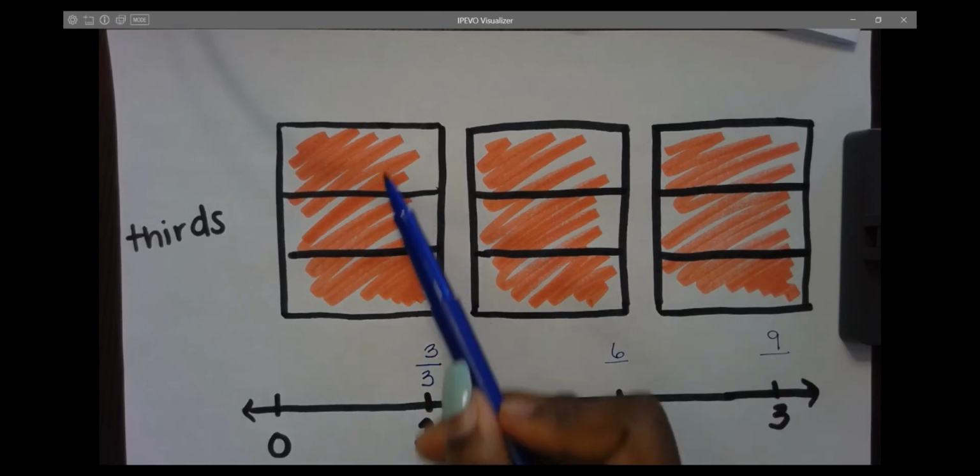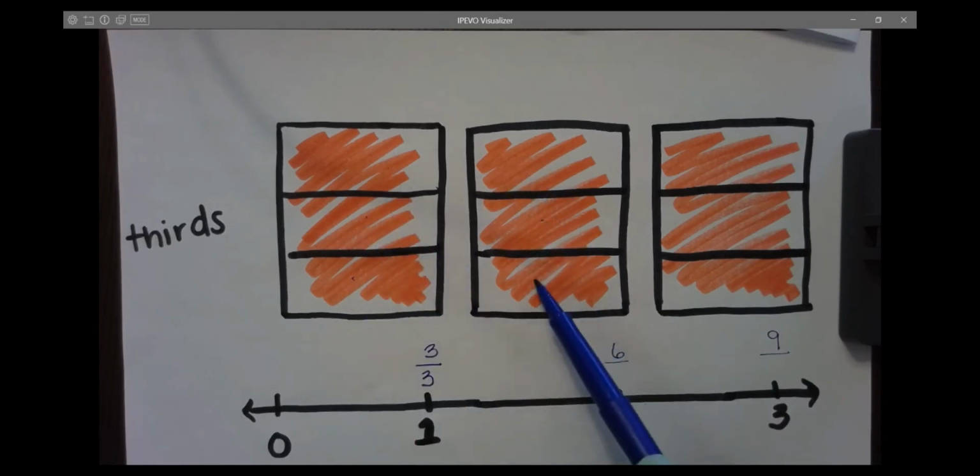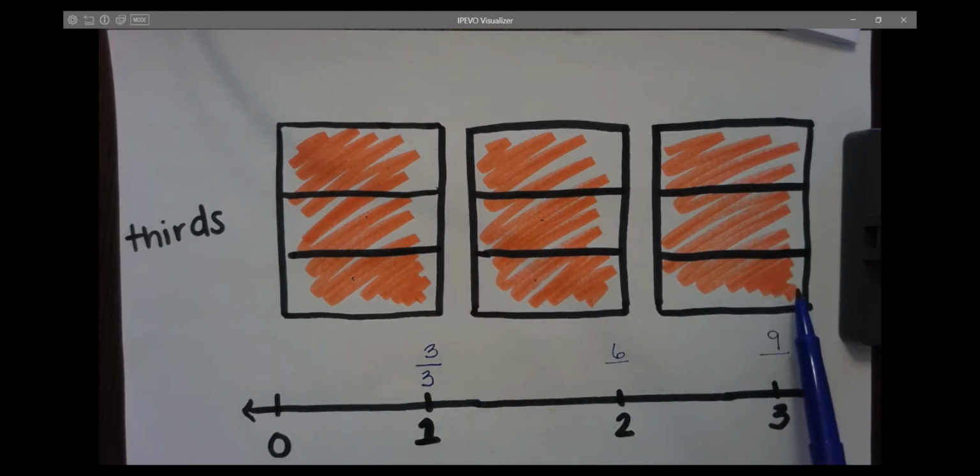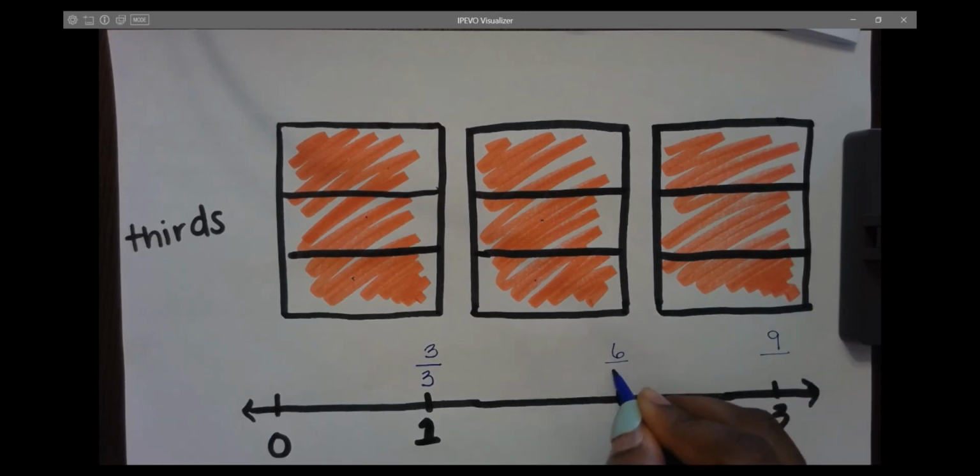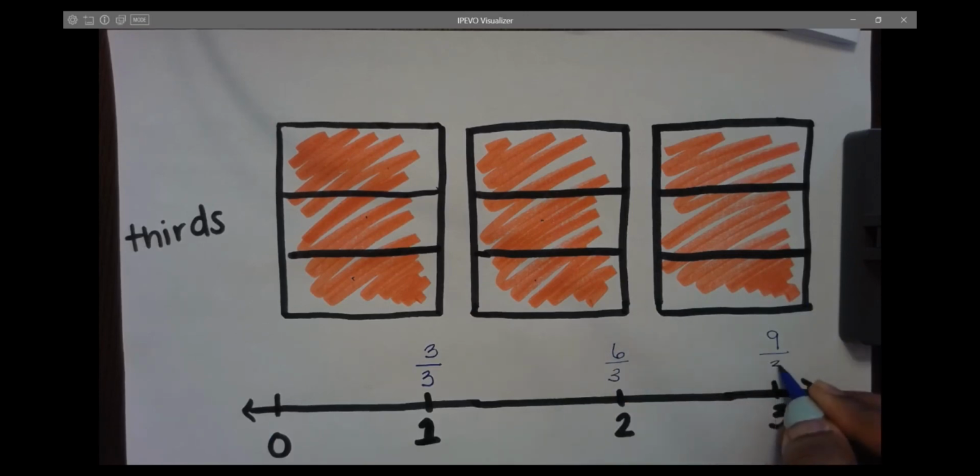Because we have 1, 2, 3, 4, 5, 6, 7, 8, 9 pieces shaded. Now, how many pieces are each one of our wholes broken into? 3 pieces. Each one of these is broken into 3. We're going to do the next one on your own.